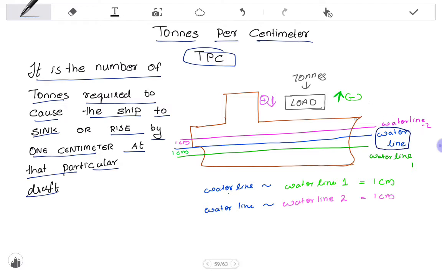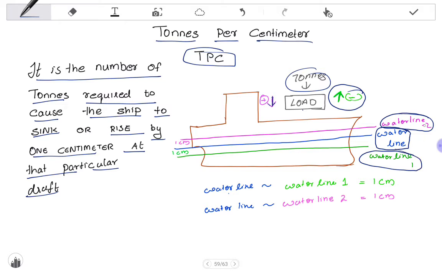So what will happen if we put some load or tons of weight on the ship? If we add weight, the ship will sink further and this will be the new water line. If we remove load, the ship will rise and the green line will be the new water line.